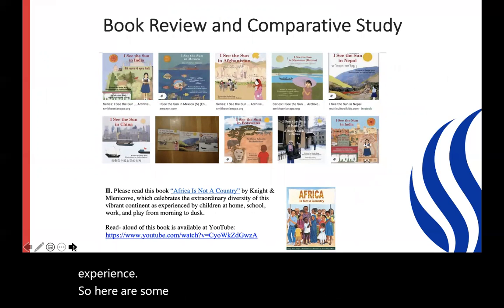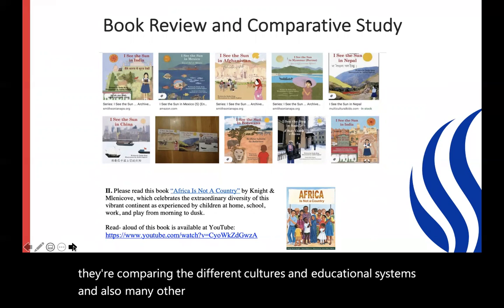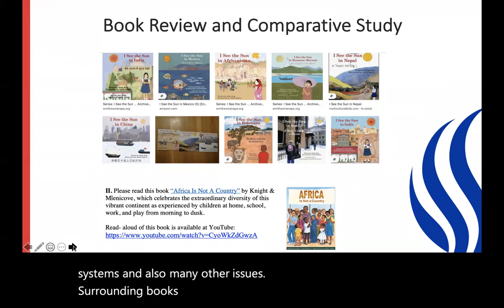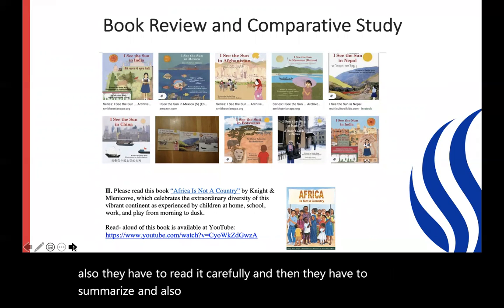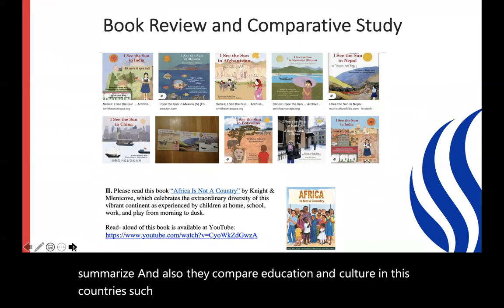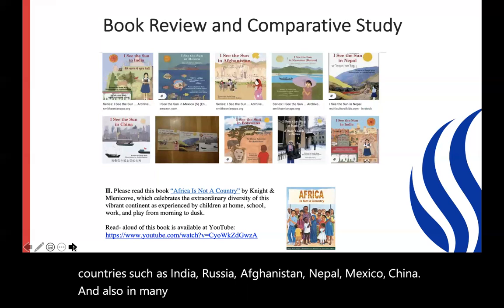Our students are reading these books and comparing the different cultures and educational systems, and many other issues surrounding the books. They have to do the book review, read carefully, and then summarize, and compare education and culture in these countries, such as India, Russia, Afghanistan, Nepal, Mexico, China, and many countries in Africa.